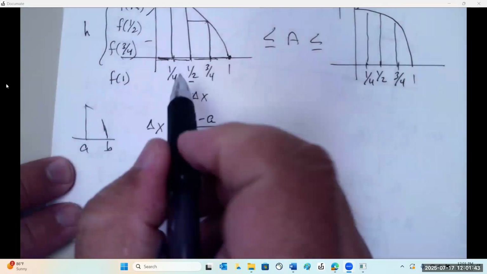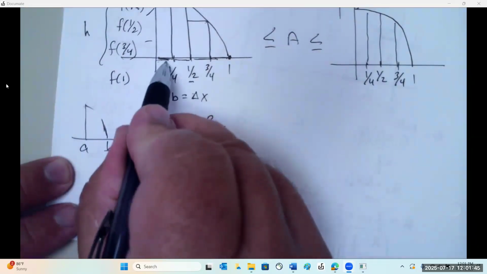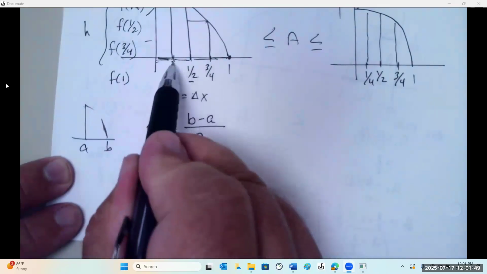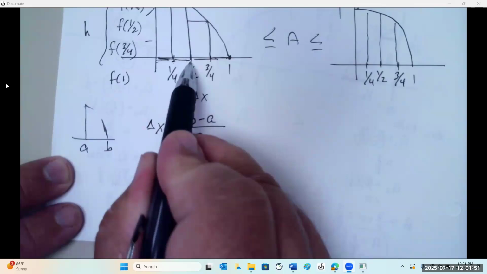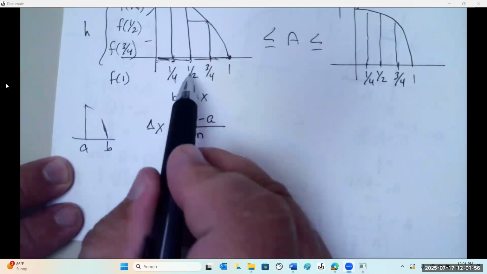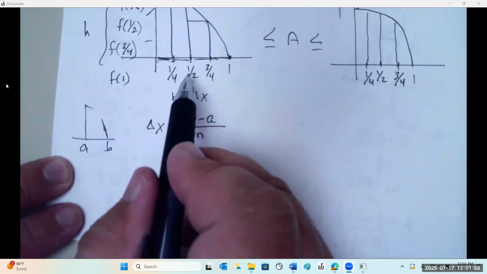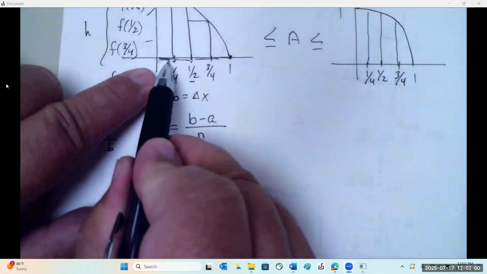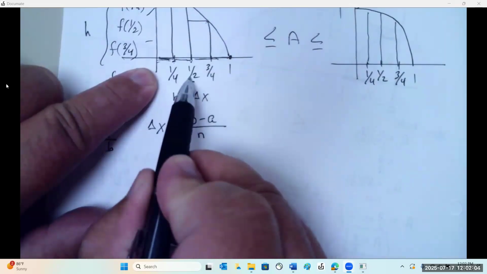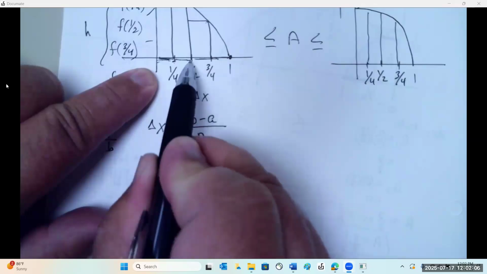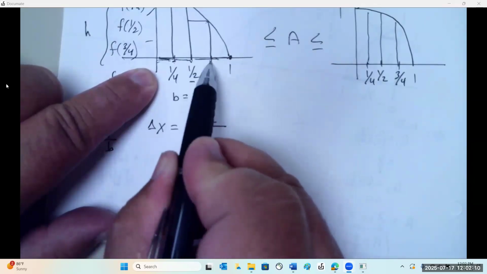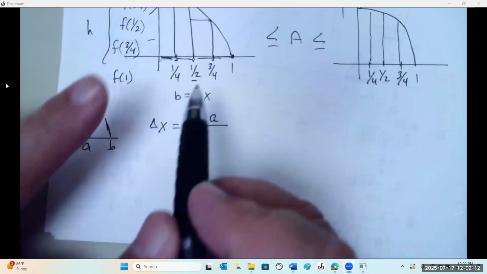So in this case, what is my delta x? How wide is it here between 0 and 1/4? 1/4. How far is it 1/4 to 1/2? 1/4. These are all the same size. They're all 1/4. Just think about it. If this is 1/4, 1/4 plus 1/4 is 1/2. 1/2 plus 1/4 is 3/4. 3/4 plus 1/4 is 1.